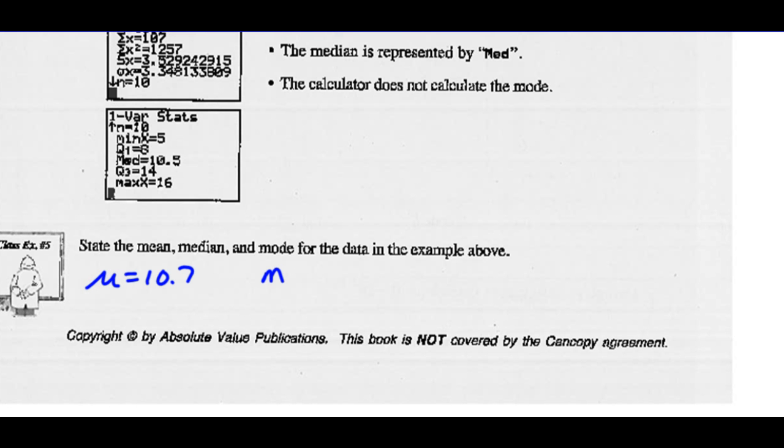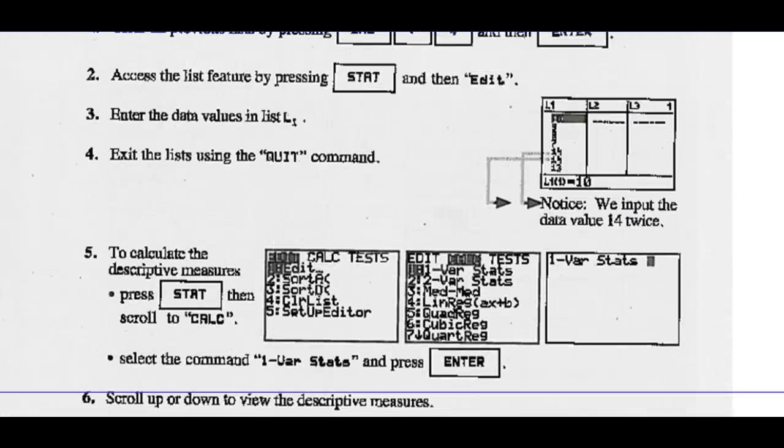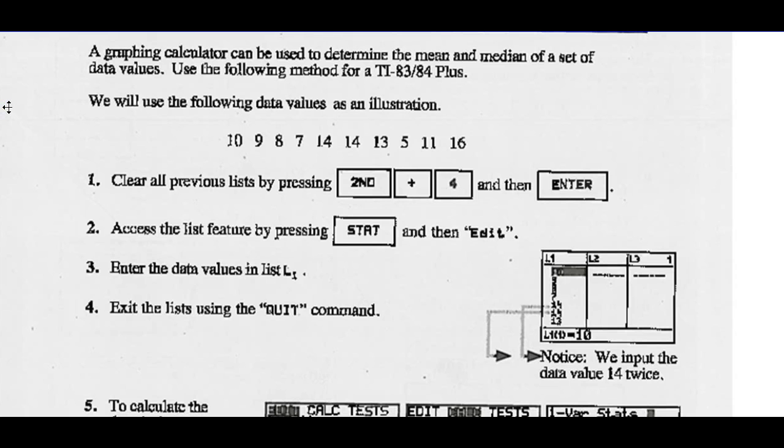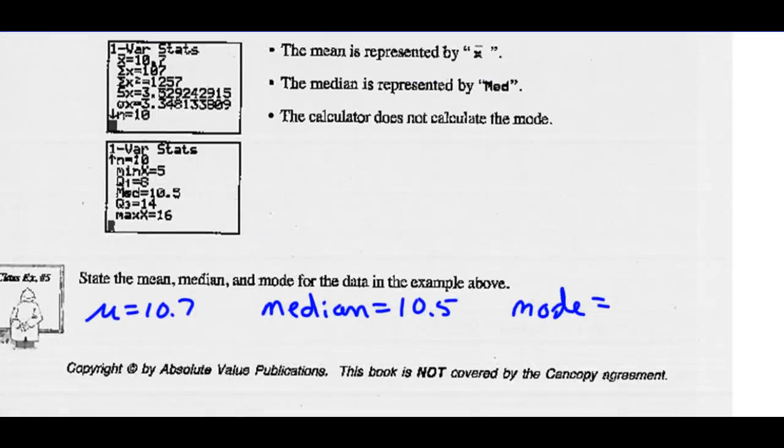The median, it told us that value was 10.5. And the mode is the piece of data that occurs most often. So if we go back to the top of this page, which piece of data occurs the most often? Well, I see 2 14s. No, another piece of data occurs more than that. So the mode of this data is 14.